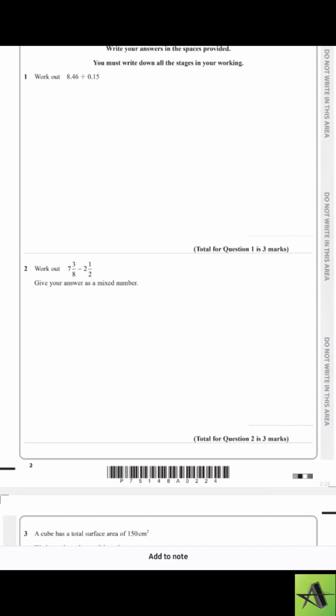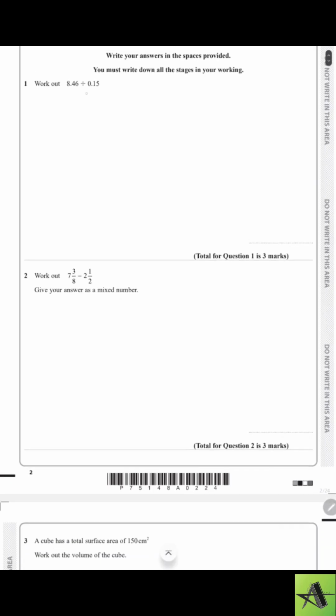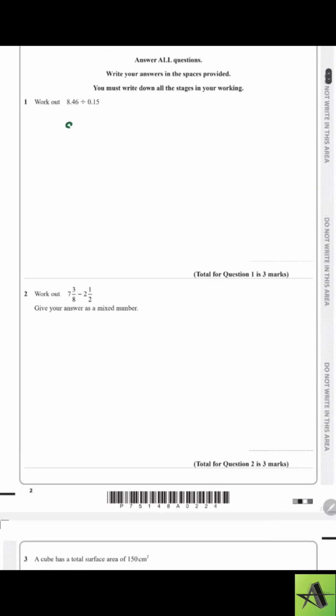So first thing is 8.46 divided by 0.15. First thing is we have to remove the decimals. So 8.46 can be written as 846 over 100, divided by 0.15, which can be written as 15 over 100.